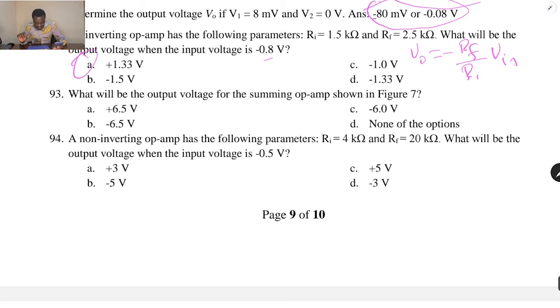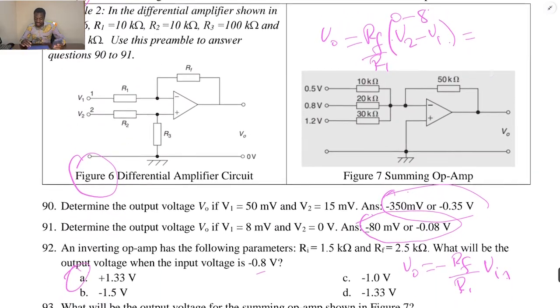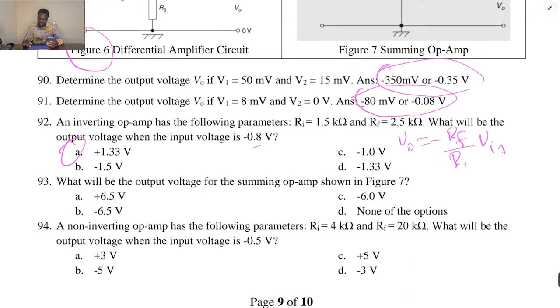What will be the output voltage for the summing operational amplifier in figure 7? So this one is, again, a repeated question, right? Which we solved. I think I solved this on the previous one.